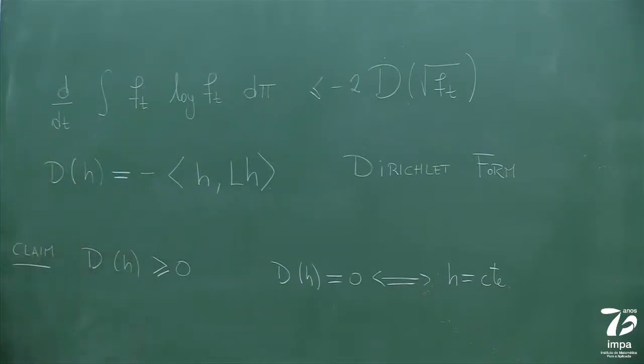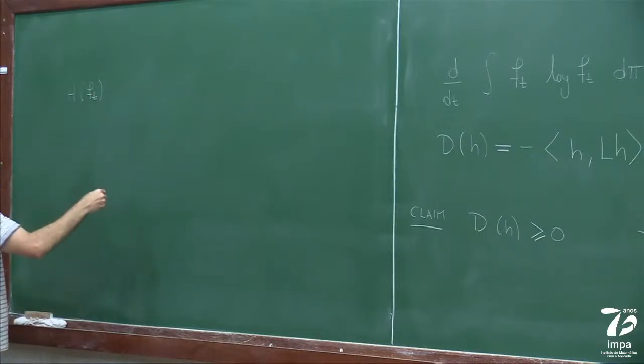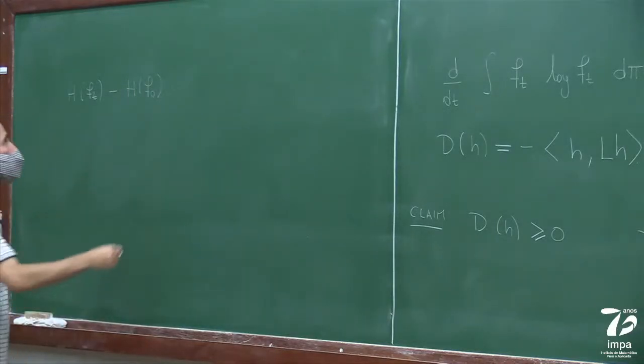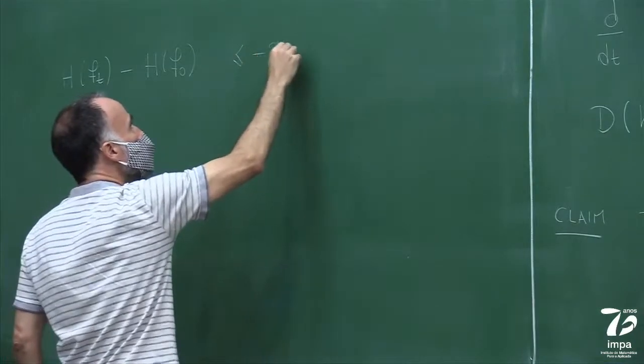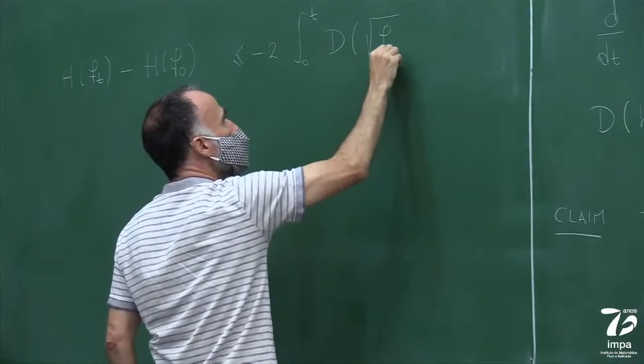But more than that, let's take this equation and integrate it in time, to get that the entropy of f_t minus the entropy of f_0, so this is the integration on the left-hand side, is bounded by minus 2 times the integral from 0 to t of the Dirichlet form of square root of f_s ds.